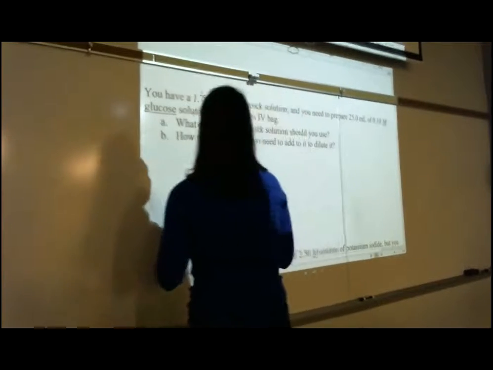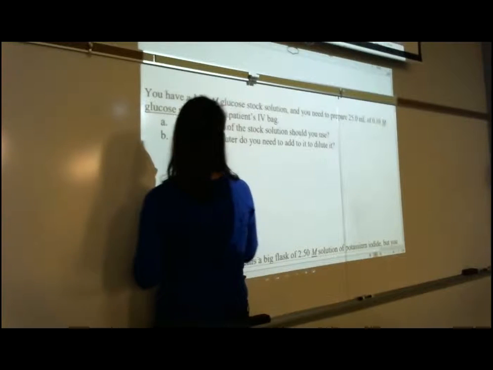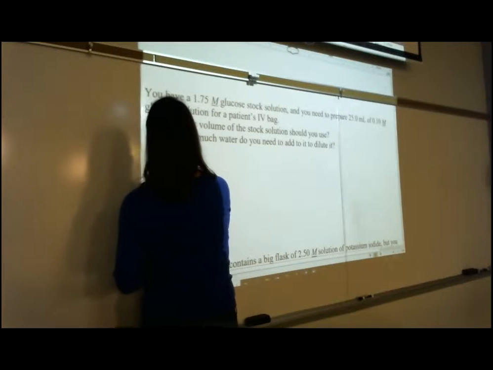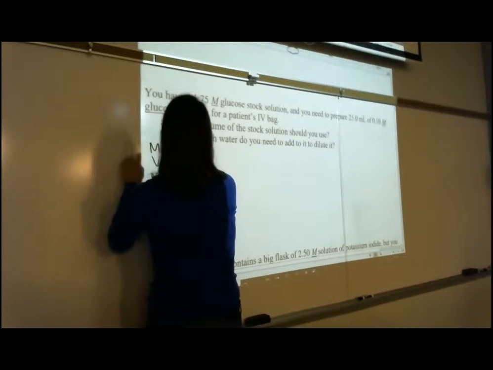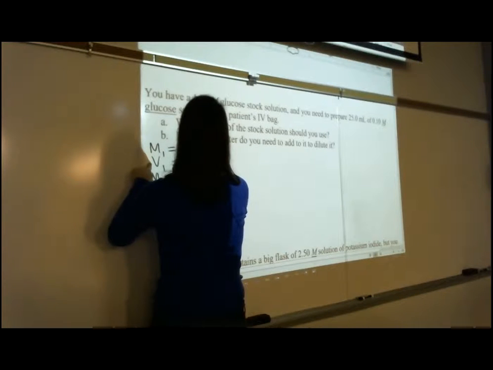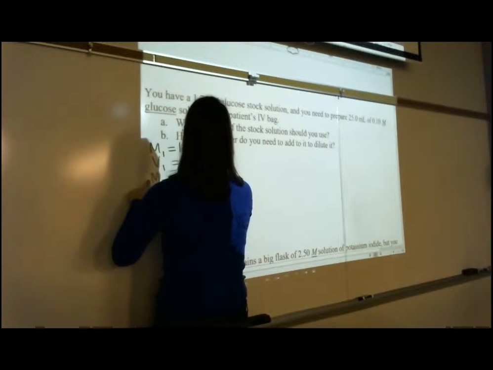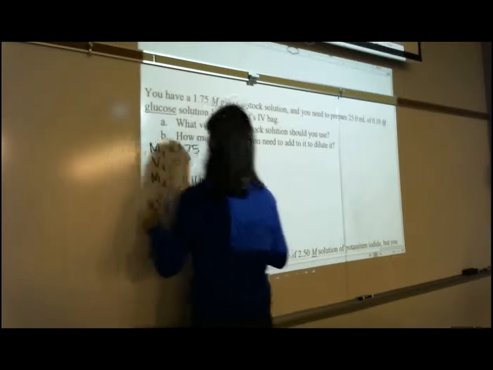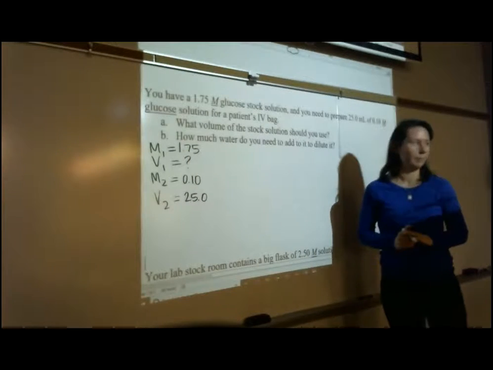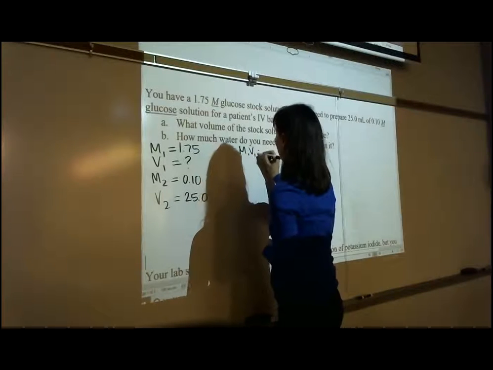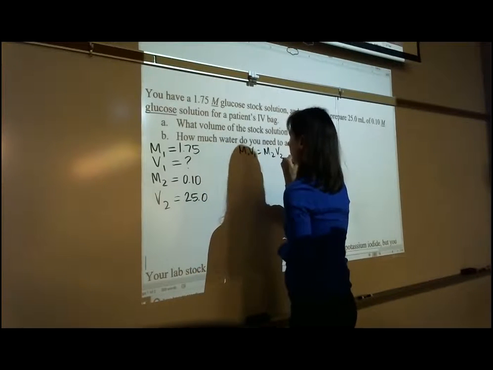All right, so first, let's solve for the stock solution part. M1, V1, M2, V2. M1 is 1.75 molar. V1, that's what we're looking for. M2 is 0.10 and V2 is 25. Do we agree in how we set this up? Yes?